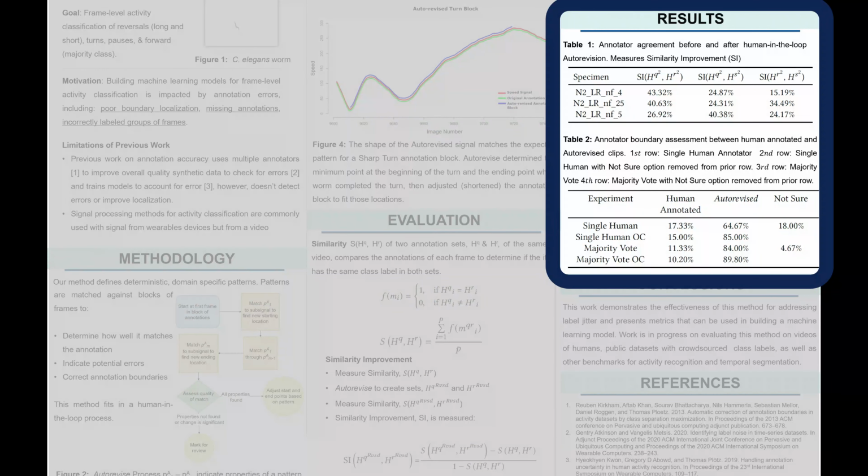The boundary assessment was conducted with 50 clips across all videos and annotators. Samples from the start and end of the clips were identified. 6 to 10 clips of each activity were selected. 3 users were asked to use the utility, then indicate whether the human annotated or auto-revised annotations had defined a more precise boundary.